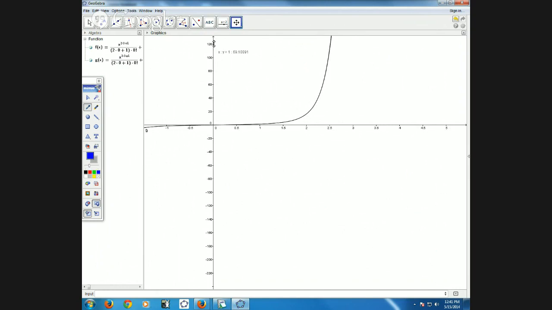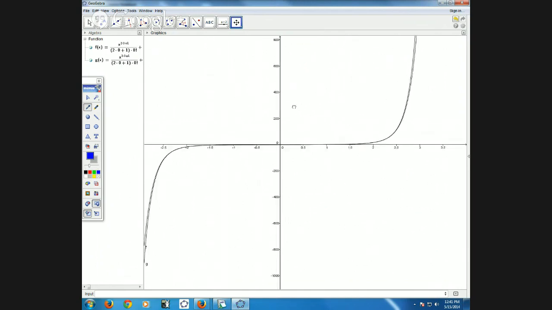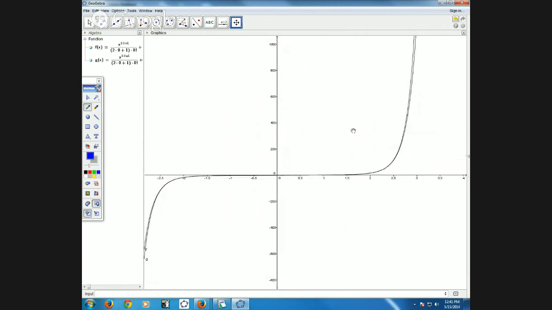This is a rapidly growing function. You can see they start to separate out after about 2.5-ish. That's pretty crazy. So that's the 10th partial sum versus the 20th partial sum.